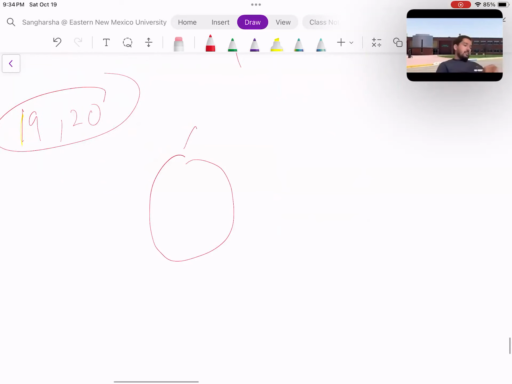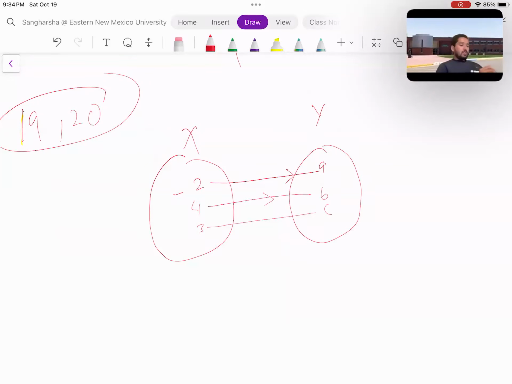Let's say we have a set X and a set Y. To be a one-to-one function, every element from set X, let's say we have -2, 4, 3, must have a unique output. Let's say we have A, B, C. -2 corresponds to A, 4 corresponds to B, 3 corresponds to C.